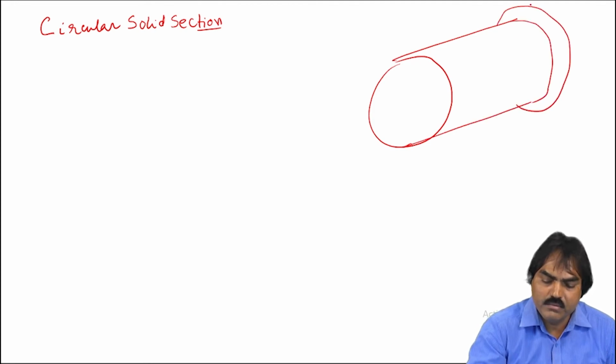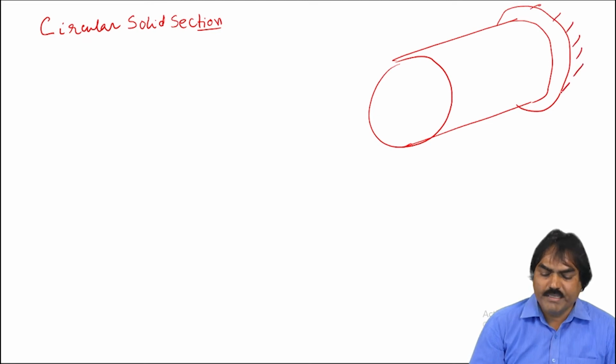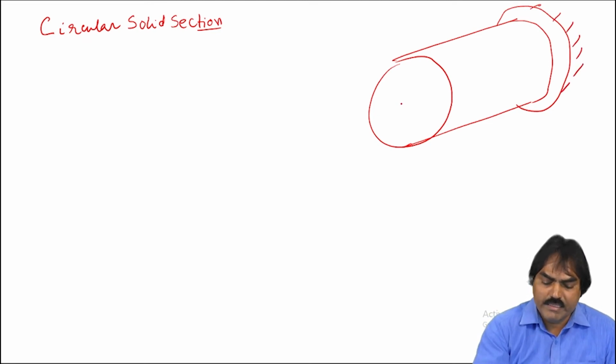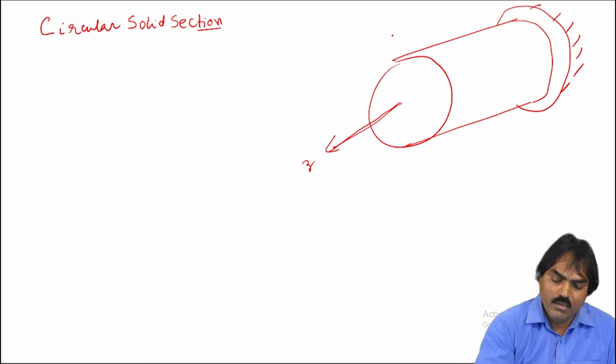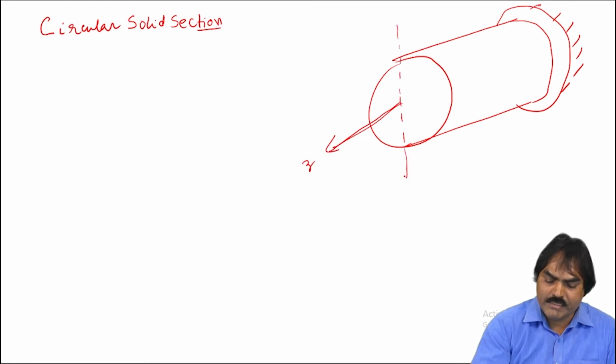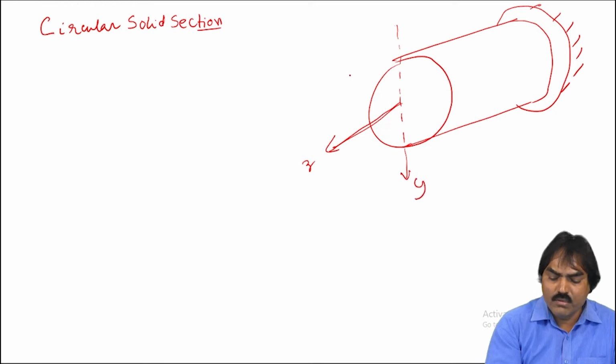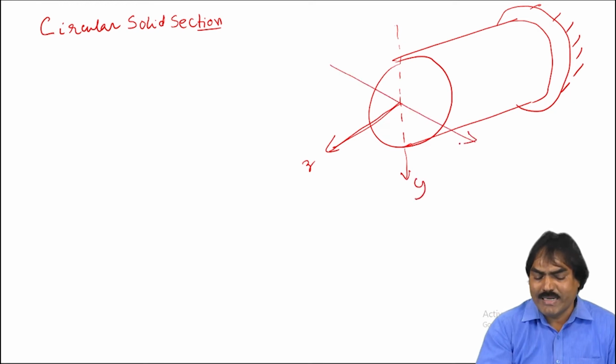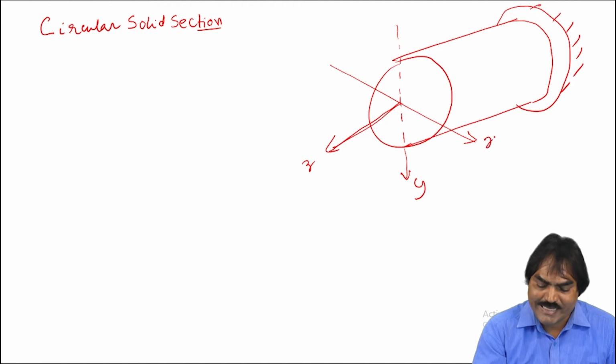You fix it at one end, say this is the longitudinal axis called Z axis. Say this is the load axis, Y axis. This becomes our neutral axis, that is X axis.